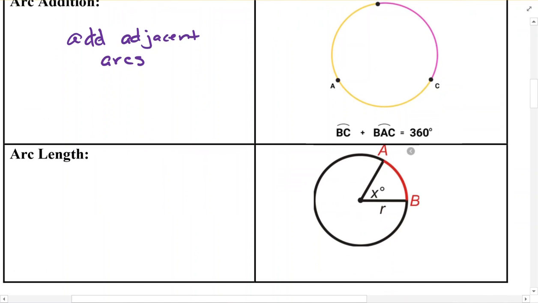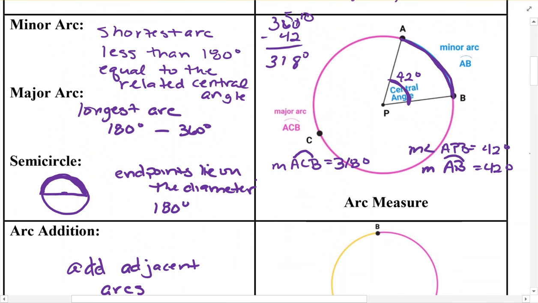Now the difference between arc measure and arc length: arc measure is in degrees. It's like we're looking at something through a telescope from P to A. Then how many degrees would you have to turn that telescope to look at point B?